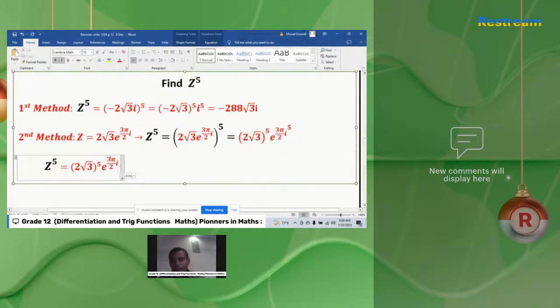Okay, so we said that 5 multiplied by 3 pi over 2 is 15 pi.